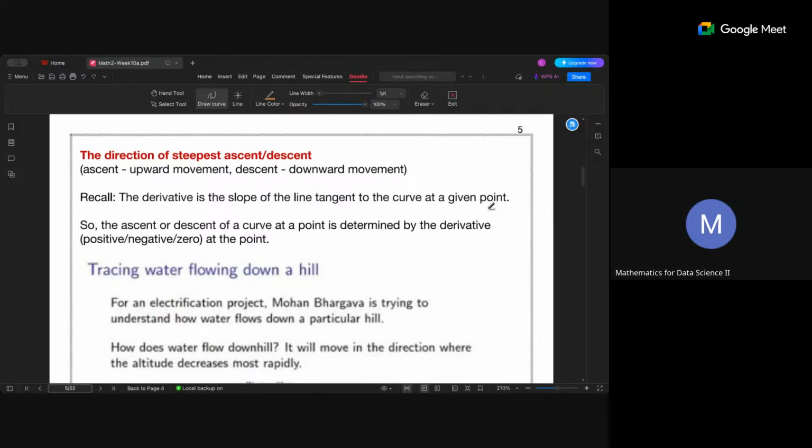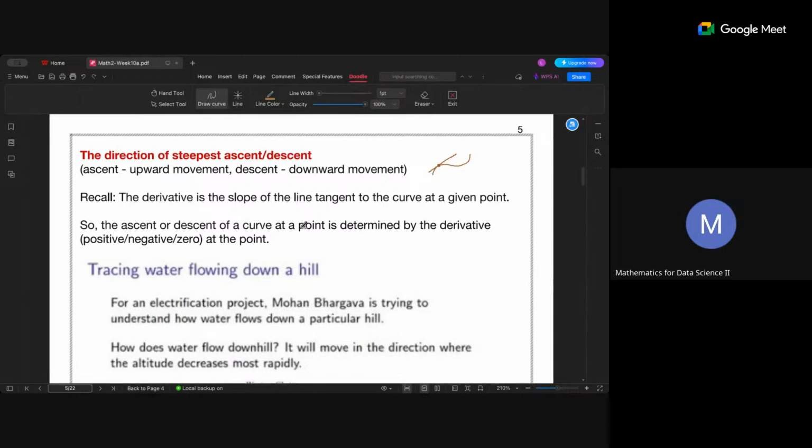In one variable calculus, the slope of the tangent line at that point is called the derivative of that function at that point, right?